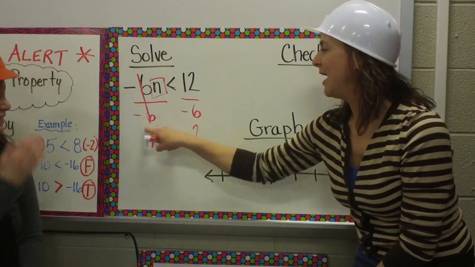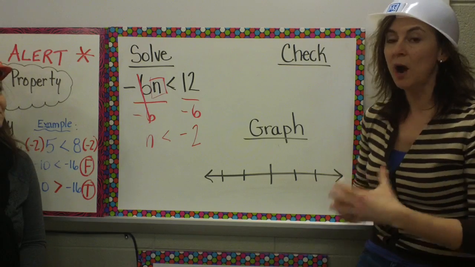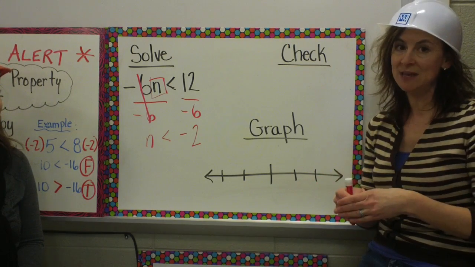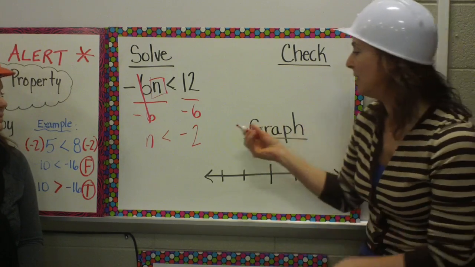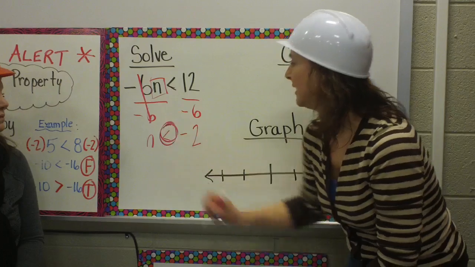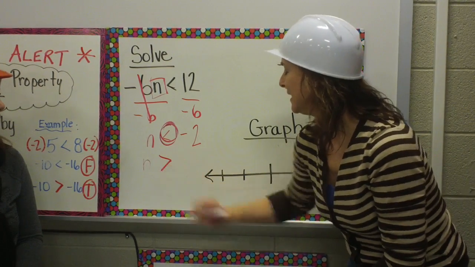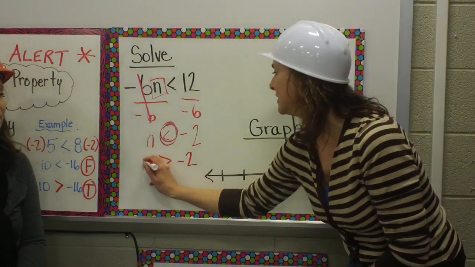We have divided by a negative number. And our property of inequality, when you multiply or divide, is we have to reverse the inequality sign. This has to be reversed. So, n is greater than negative 2 is going to be my solution set.